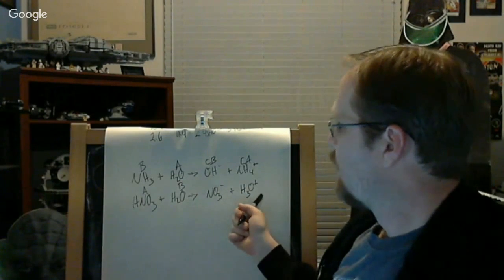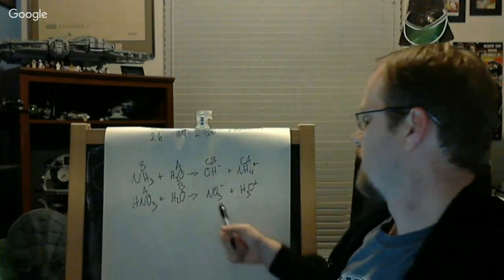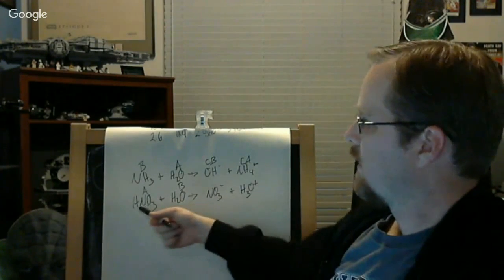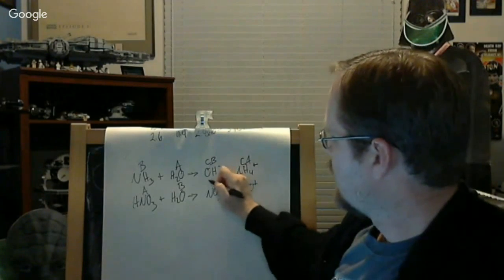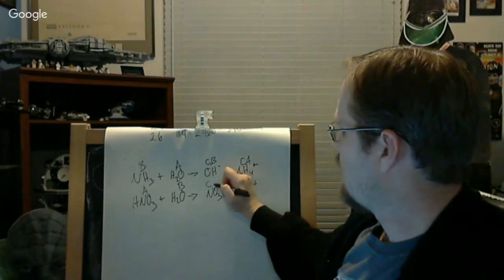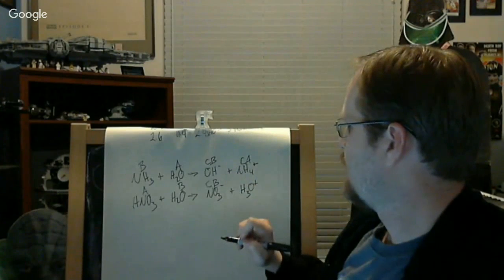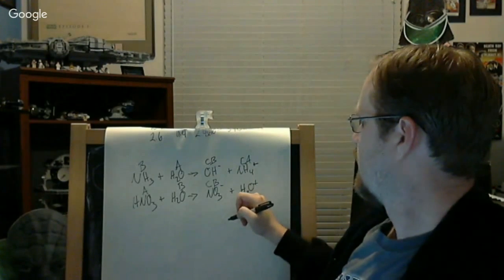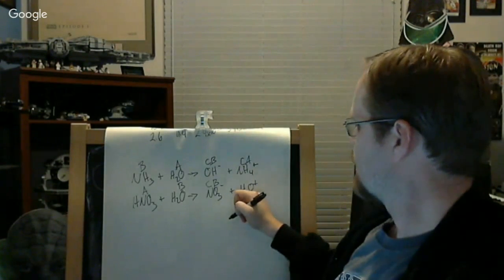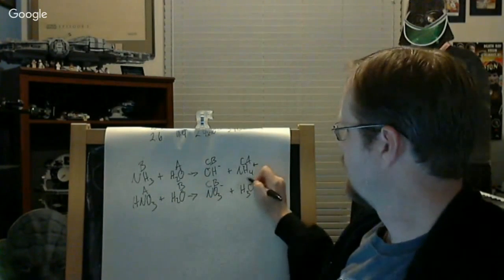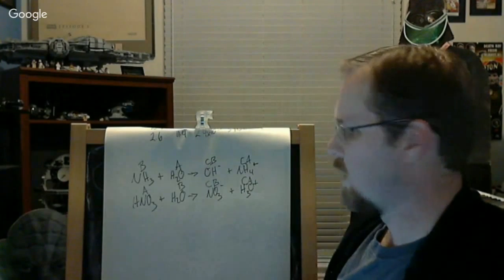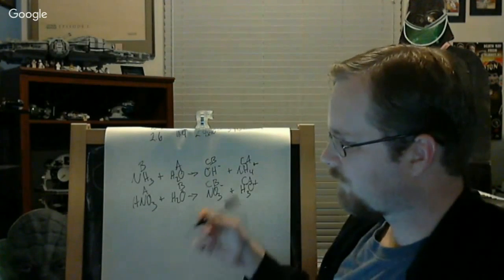Okay, now when we go the other direction, NO3 gains a hydrogen to become HNO3, making this the conjugate base, right? And then the H3O is the one donating hydrogen, it's giving up the hydrogen to become H2O, so this is the conjugate acid, okay?